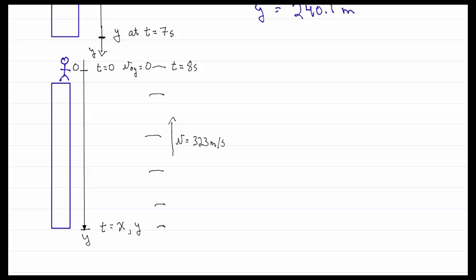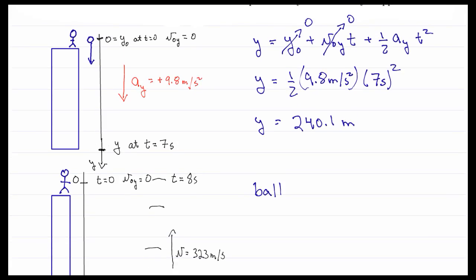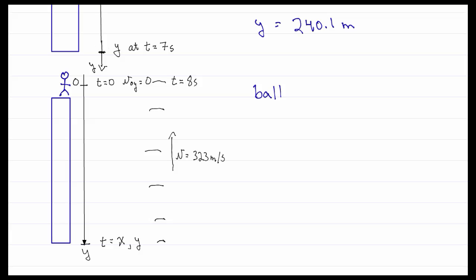So let's first write out what we know about the ball. So actually this problem is very much the same as part A. We can use the same equation. So the ball, in this case, falls a distance of y equals 1/2 times the acceleration, which is 9.8 meters per second squared, times time squared.